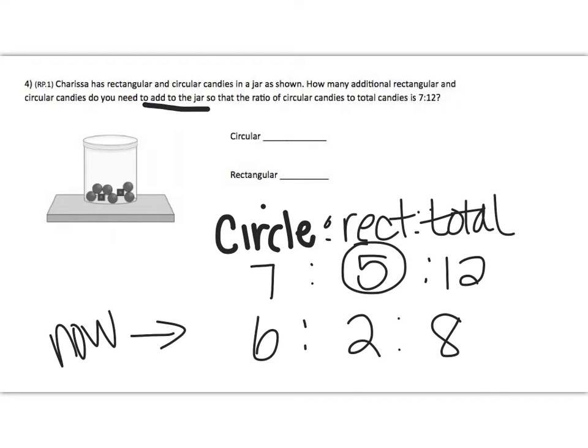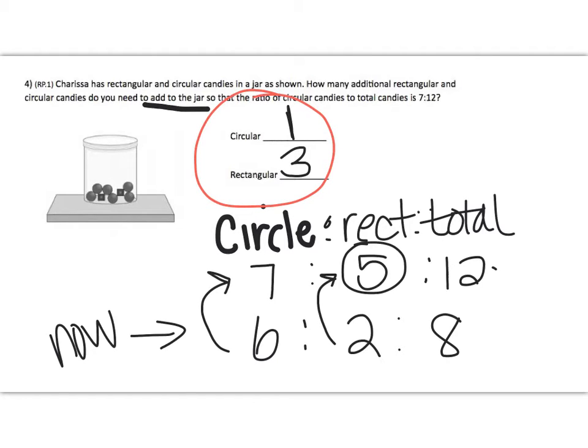So how many did I need to add to the circle candies to get from 6 to 7, I had to add 1 circle candy. And how many rectangular candies did I need to add to get from 2 to 5? And remember, we figured out that 5 because we need 12 total. So I needed to add 3 rectangular candies to get to 5. So the correct answer for this problem is 1 circular candy needed added and 3 rectangular candies.